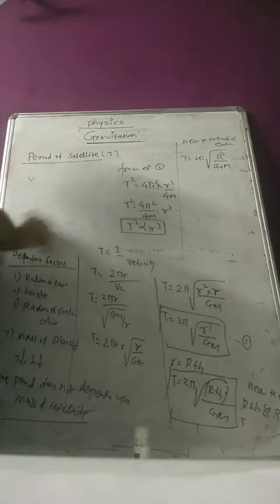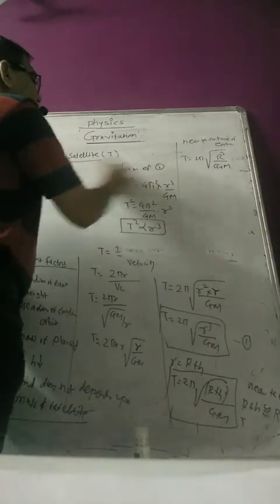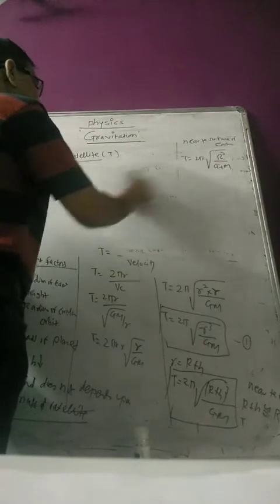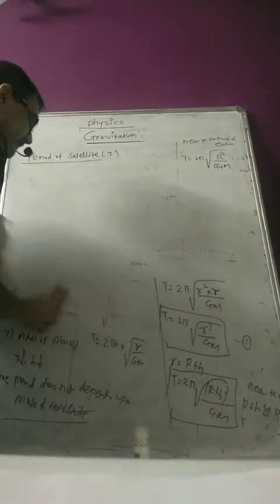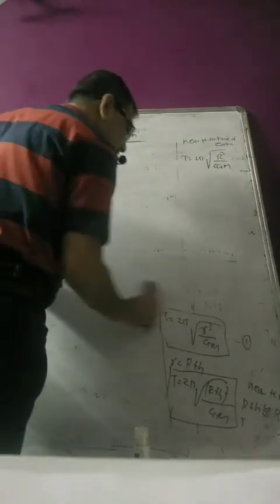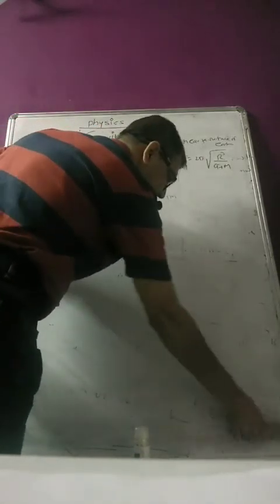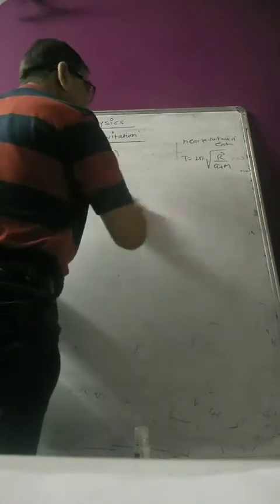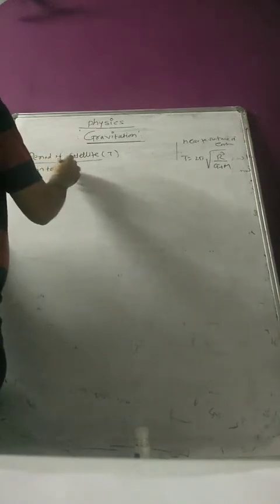Okay, so what will be the expression for satellite above the surface of earth, and second in terms of acceleration due to gravity. Okay, चला आता इथे लिहू आपण time period of satellite in terms of acceleration due to gravity.